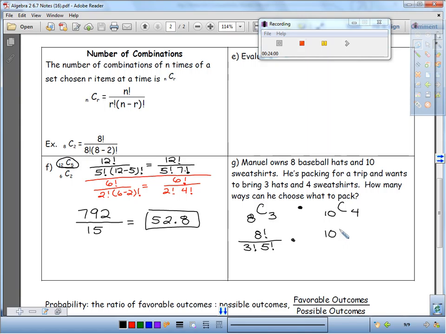Then I'm going to do 10 factorial divided by 4 factorial, and then 10 minus 4, which is 6 factorial.